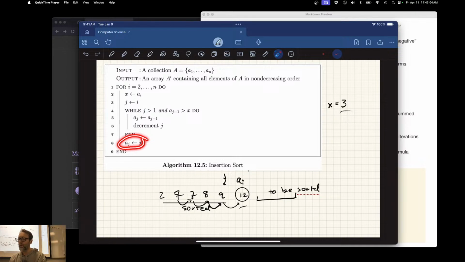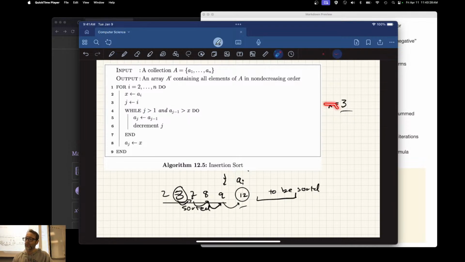Then what do we do? We take X and place it right there. Sorry, we don't do that. 2 is right there, and this ends up becoming 3 right there. We inserted it where it needs to be. Now for this one, how many comparisons did I end up having to make?